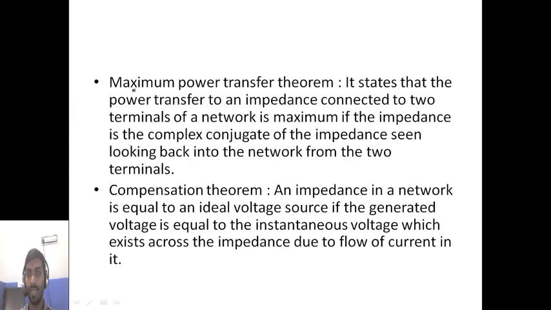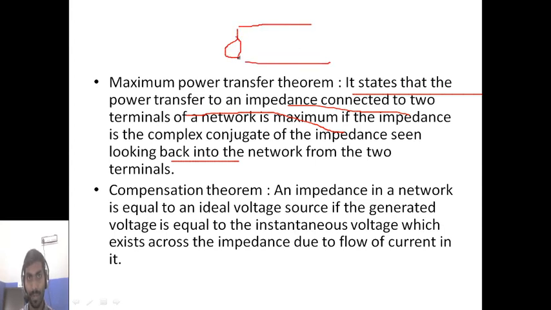Maximum power transfer theorem. What does maximum power transfer theorem state? It states that power transfer to an impedance connected to the terminals of a network is maximum if the impedance is the complex conjugate of the impedance seen looking back into the network from the two terminals. What I mean is, see, this is your source side. Okay. If this is your source side, this is your load.